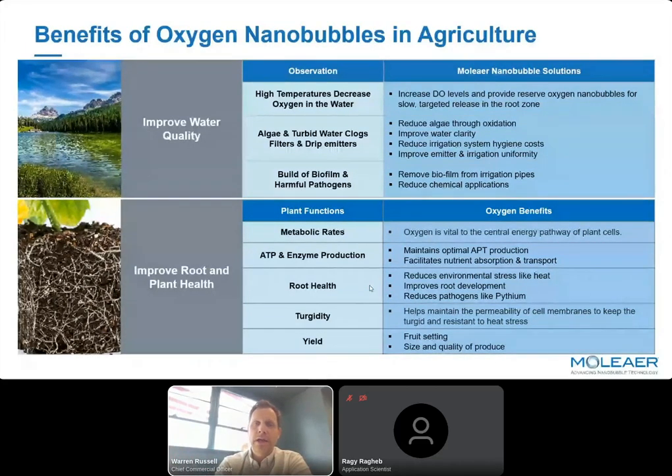So improving the quality of water at its source before you put it into your irrigation system, there's a big role for oxygen nanobubbles in that capacity, and specifically also to help mitigate or offset some of the chemical inputs that one would otherwise use to control things like algae and bacteria or pathogens in that water. And then as it relates to improving root health and plant health, oxygen is obviously vital to plant development. We're looking at improving things like ATP and enzyme production.